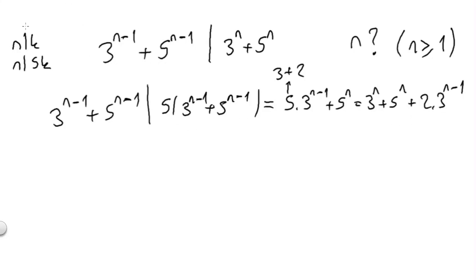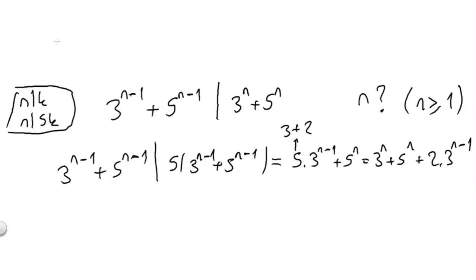Also, another divisibility property: if n divides k, and if n divides, let's say, l, n would divide any linear combination of these two. For example, n would divide 2k minus 3l, n would divide minus l, n would divide k plus l.